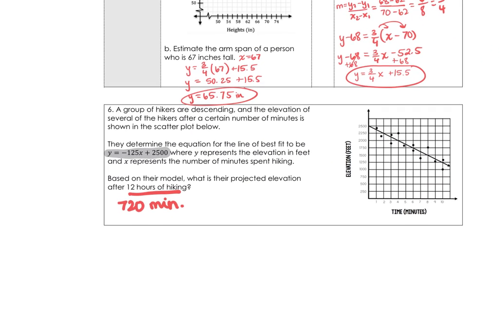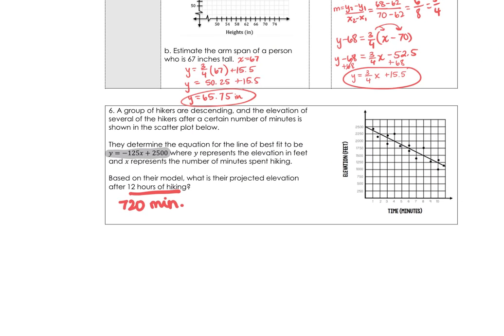I'm trying to decide at the current moment if we are supposed to do that or if it's going to be a typo on my 12, if it should have been minutes instead of hours. We'll find out very quickly when we plug it in if it makes any sense at all.